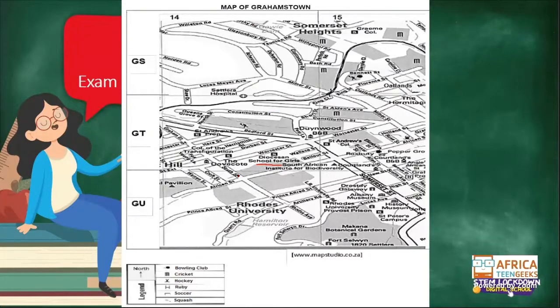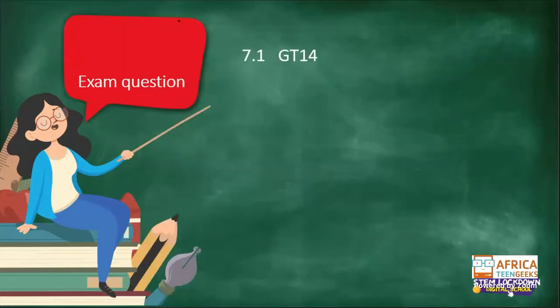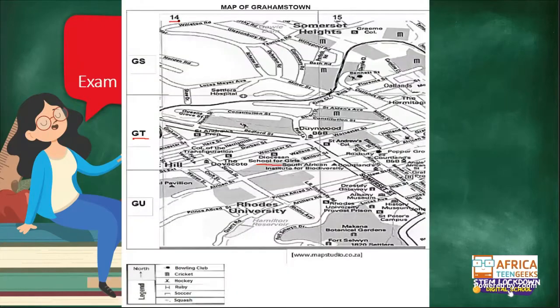So in this case, School for Girls is in line with G, so horizontally, but vertically, it is in line with 14. So the correct answer is G14, G14. Okay, so well done for that. Most of you got this one correct. Okay, next question.